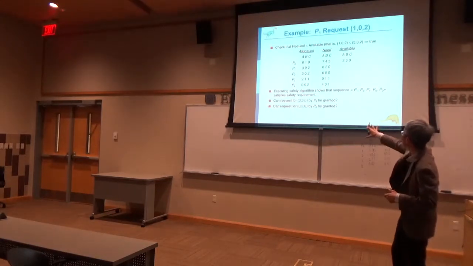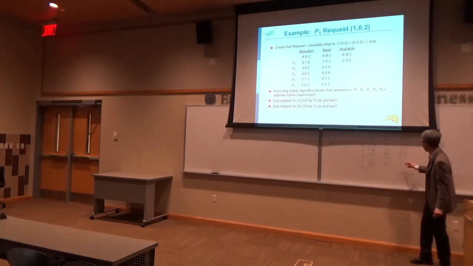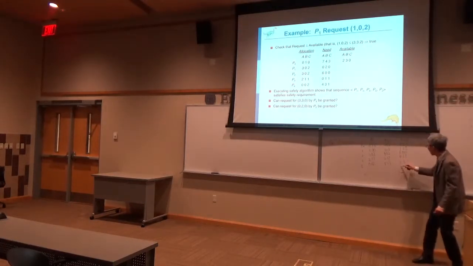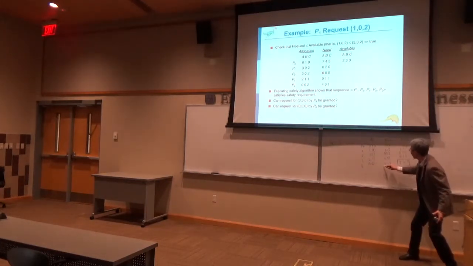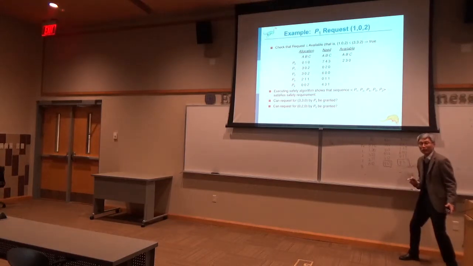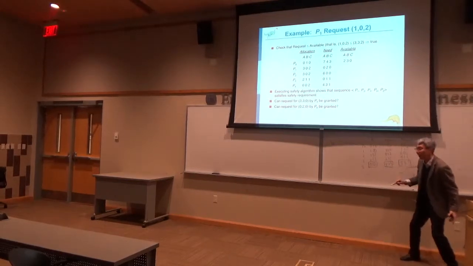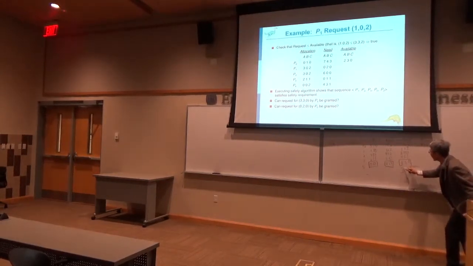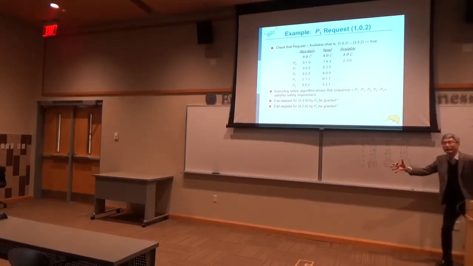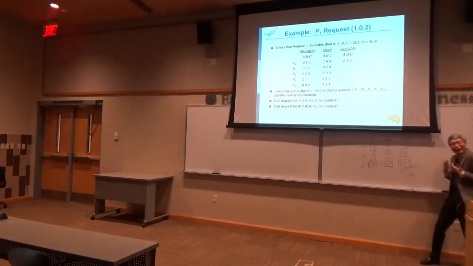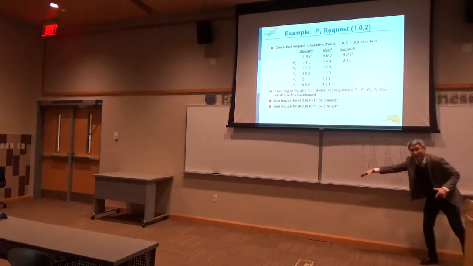If P4 requests 330, it's not the current state. P4 needs this maximum amount of resource, right? Currently, it has only 2 of C. Then 3 more A and 3 more B is requested. Then check whether, if the operating system accepts this request, this is a deadlock or not.